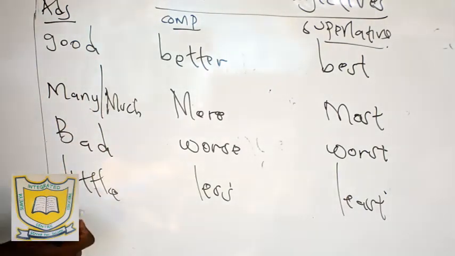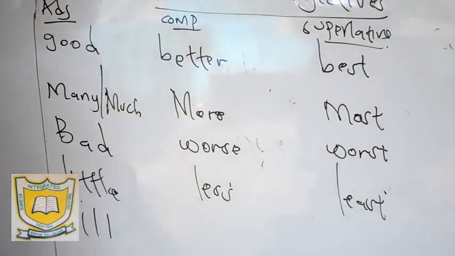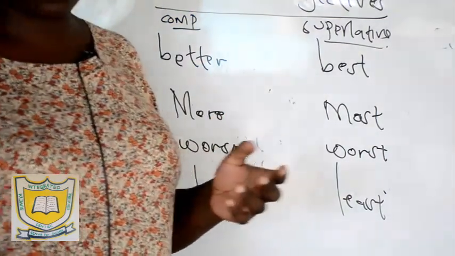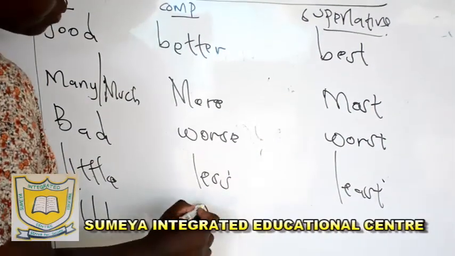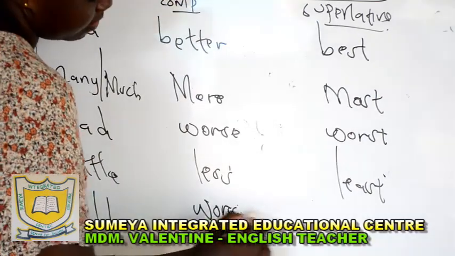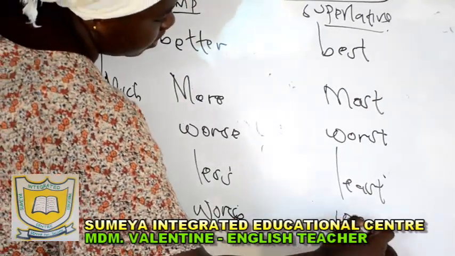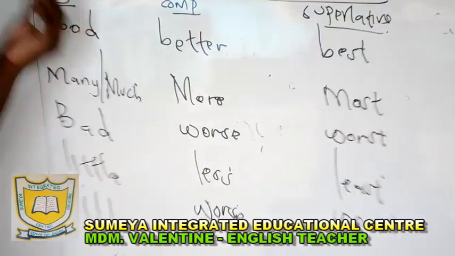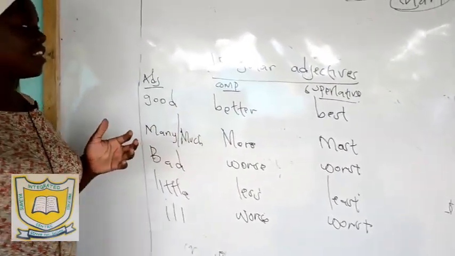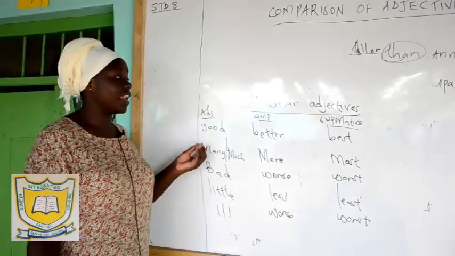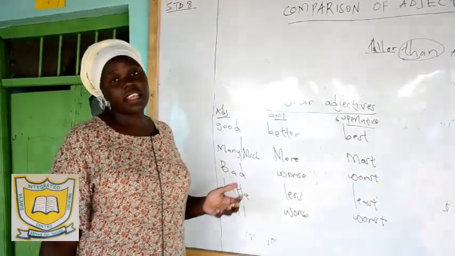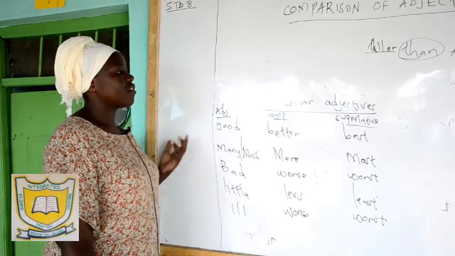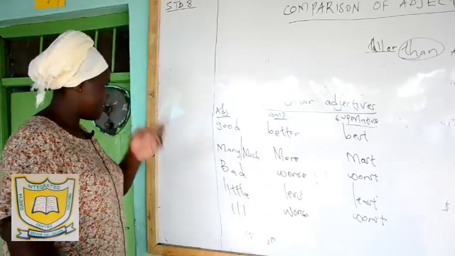Or you can have, if you are ill, for example, ill, or we say sick, and then you can have worse, and then worst. So the adjectives that do not take an er in their comparative and an est in their superlative are what we call irregular adjectives.